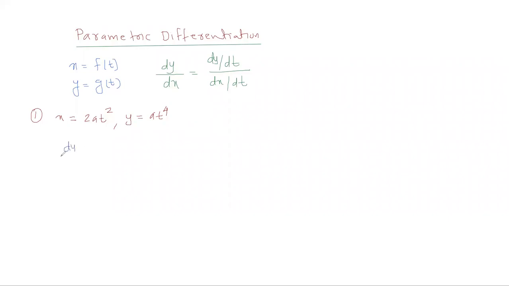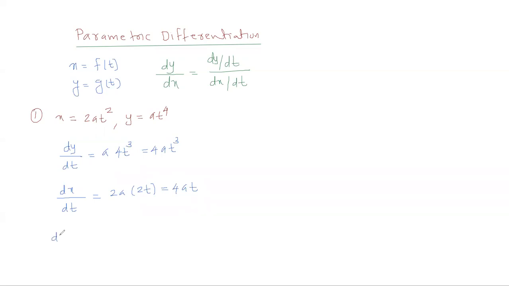So you have to find dy by dt. y is equal to at to the power 4, a is constant. So a into derivative of t to the power 4 is 4t cube, because we are differentiating with respect to t. That means 4at cube. dx by dt is equal to 2a is constant, t square derivative is 2t. That means 2 into 2, 4at.